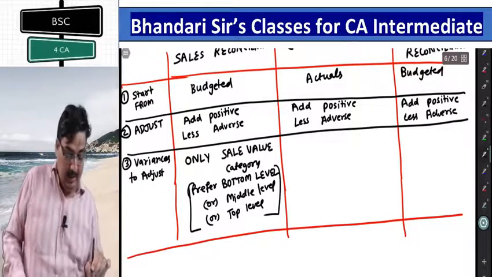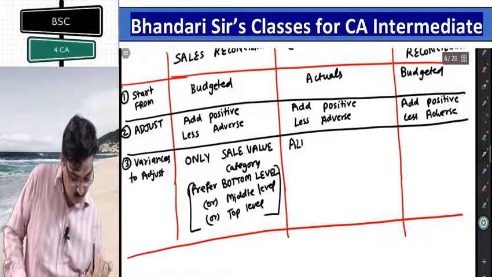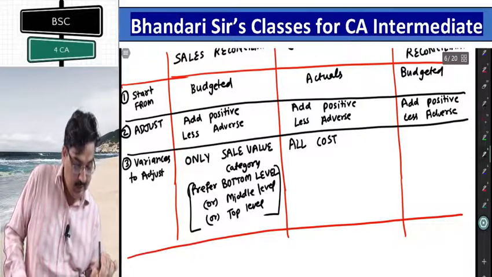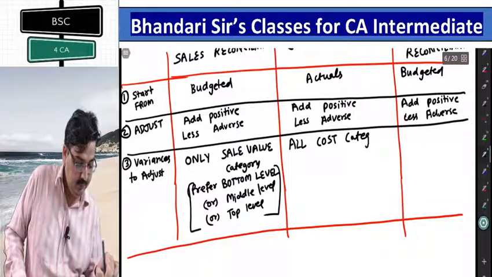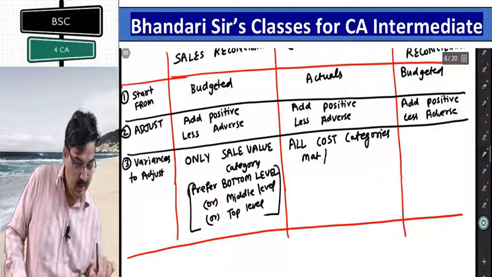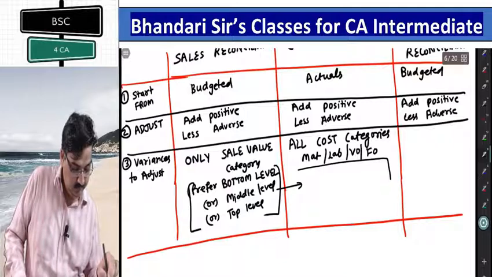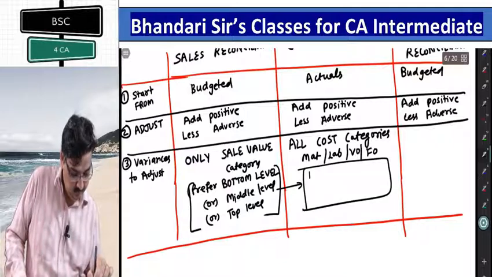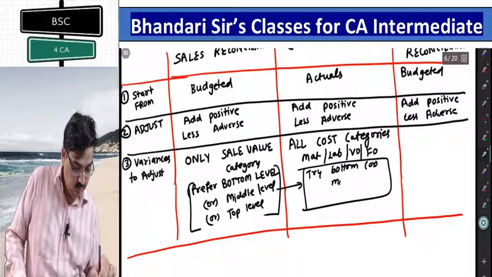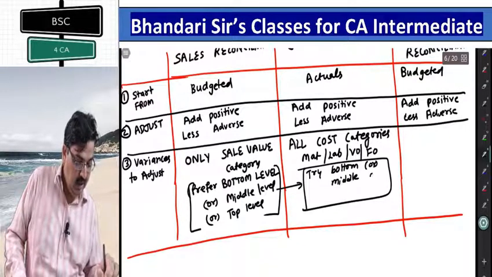In cost category, all cost categories: material, labor, variable overhead, fixed overhead. Same here. Try bottom level, or if not possible, then middle level or top level.